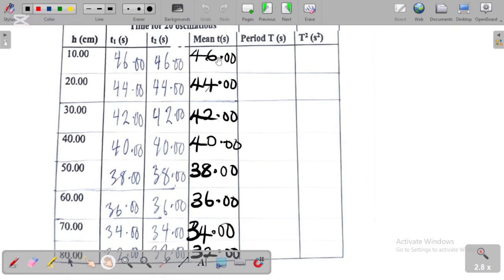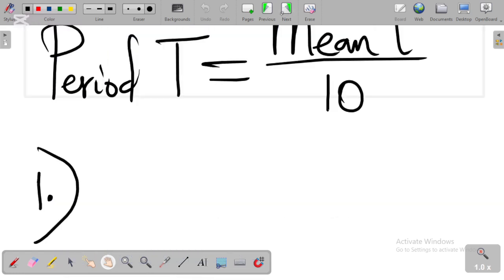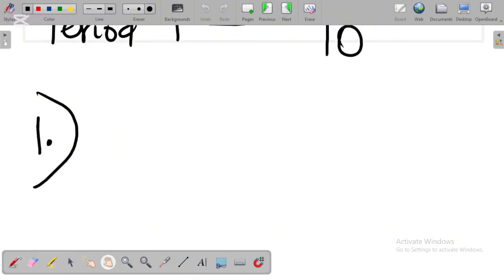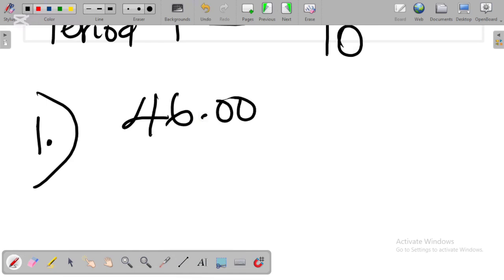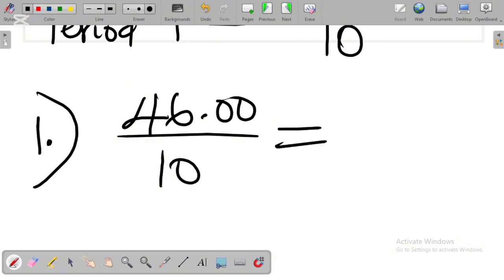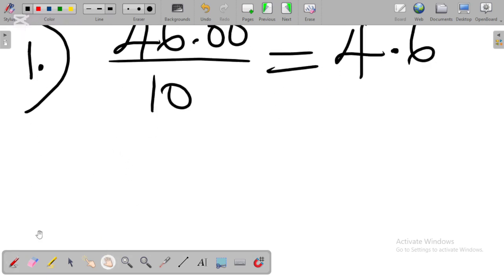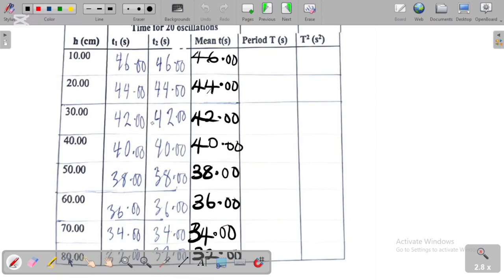Alright, for 46.00, period is equal to 46.00 divided by 10. If you punch your calculator, it would give you 4.6. And then the second one is 44.00.